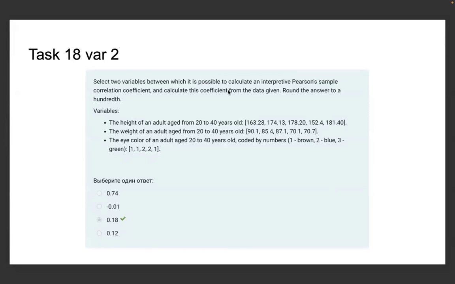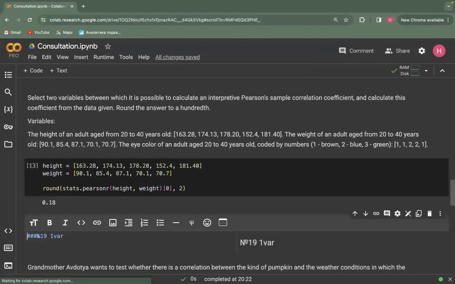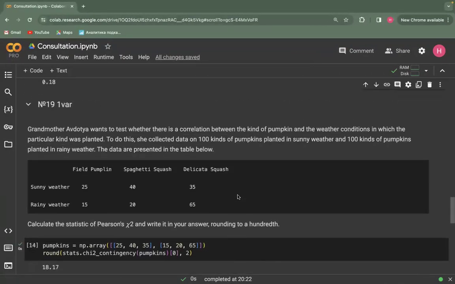Okay, if there are no questions, let's move to the last task for today, this 19th task. And here we have to calculate the chi-square statistic. We again have some data. You can see it here.